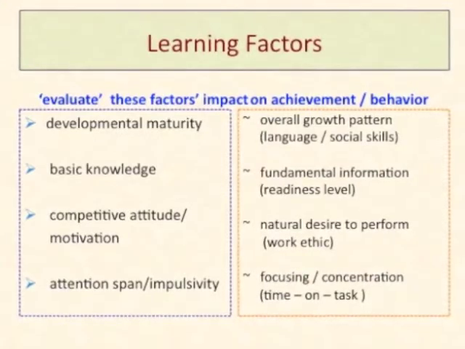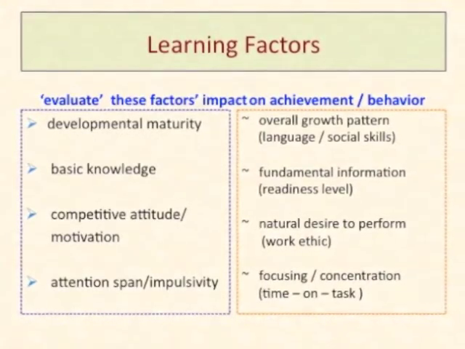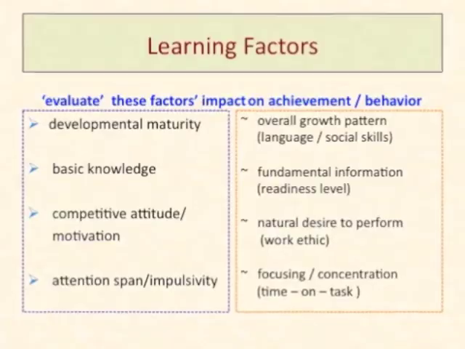The fourth factor is attention spans and impulsivity. This is a serious factor in relationship to students' long-term academic development. This generation only spends 9% of its weekly hours attending school, whereas 53 hours a week are devoted to electronic stimulation.